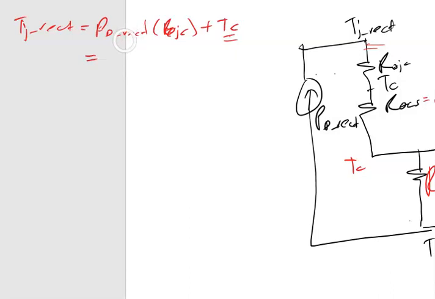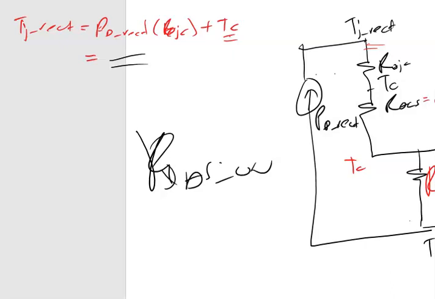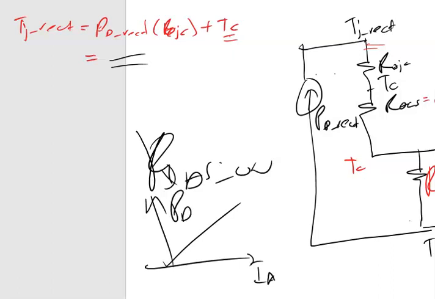PD for the MOSFET is calculated based on RDS on, during the on state. But PD for the rectifier depends on the curve: how much current you conduct determines how much PD your rectifier produces directly. So you will find it from the curve. Let's see the curve inside our datasheet.